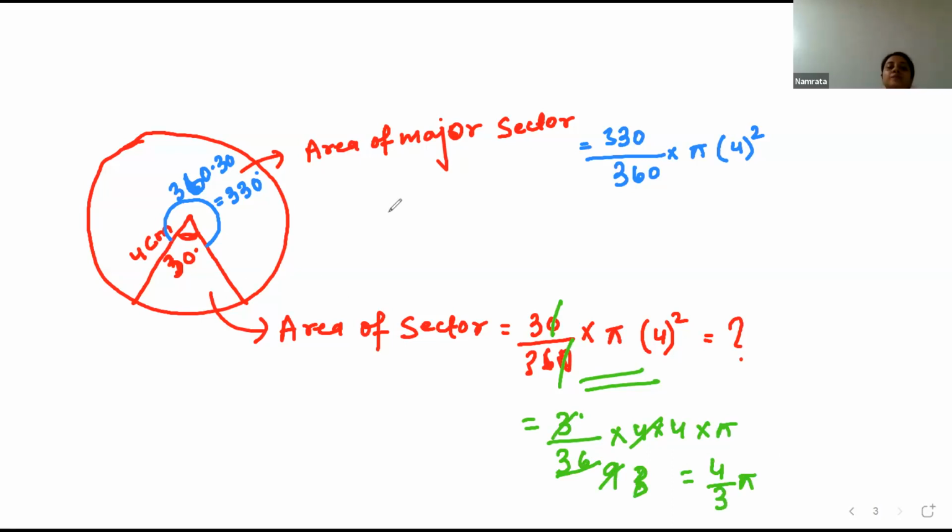Now what you can do for finding the area of the major sector, you can do the total area of the circle, that is pi r square, minus the area of the minor sector, that is 4 by 3 pi.